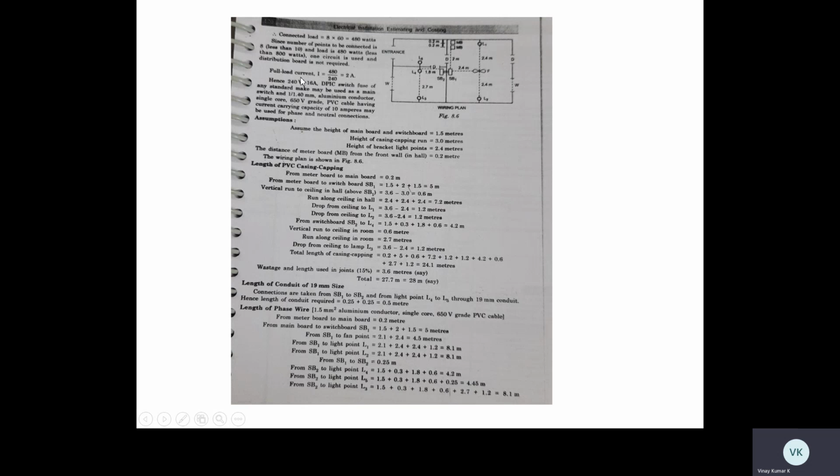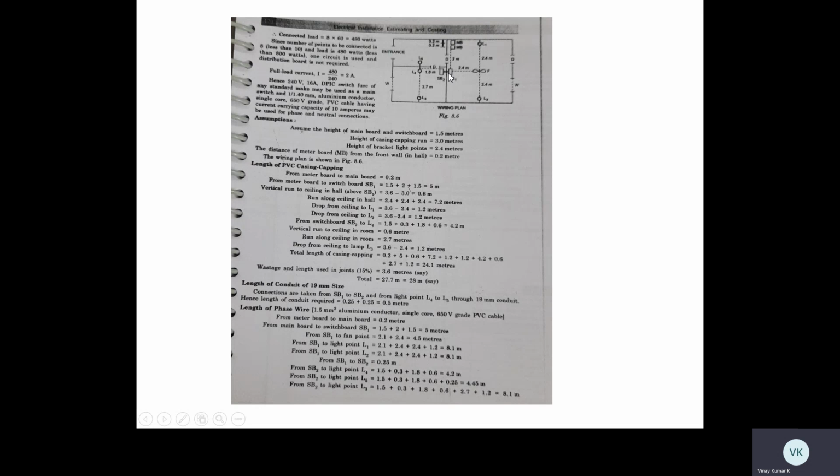Before going on, let's see how to draw the lines. Lines means phase and neutral wires. As I already told, we can place the distribution board here or here. From the distribution board, we place the switchboards, because switchboards should always be placed at the common walls. You can observe in your home how the actual wiring takes place.